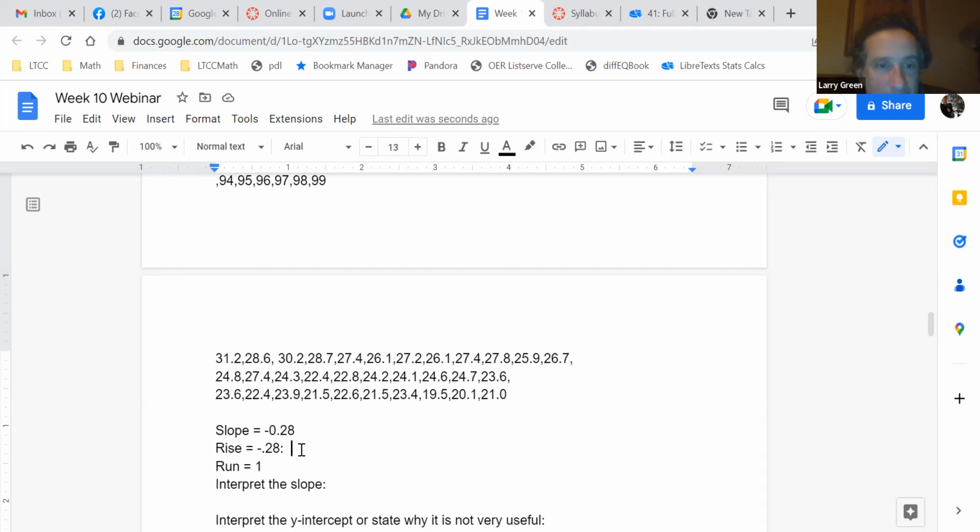So the rise means a drop in clarity or depth of clarity. Whereas the run, that's the x coordinate change. X is going to be the years. So that's going to be year change. Any questions on that idea?